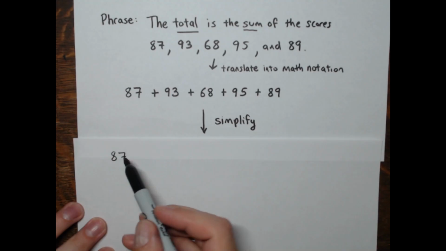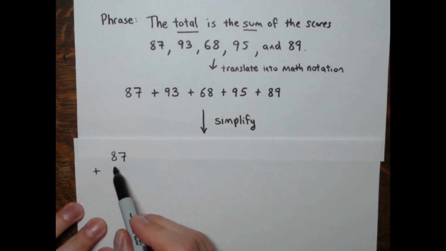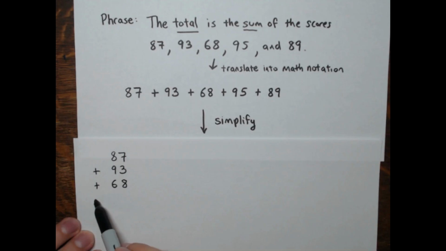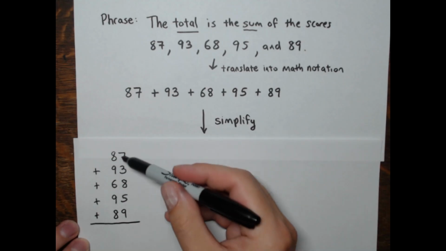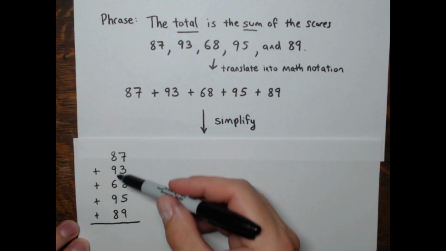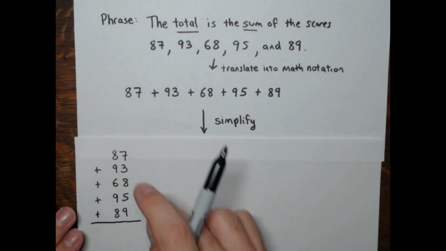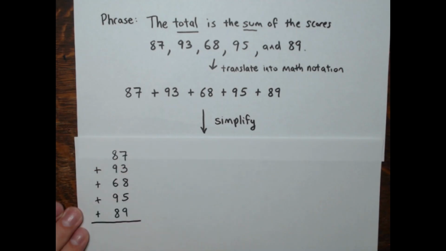So I could just stack them all up: 87 plus 93 plus 68 plus 95 and then plus 89, where all the ones digits are lined up and all the tens digits are lined up. And then we add all of them at once like this.